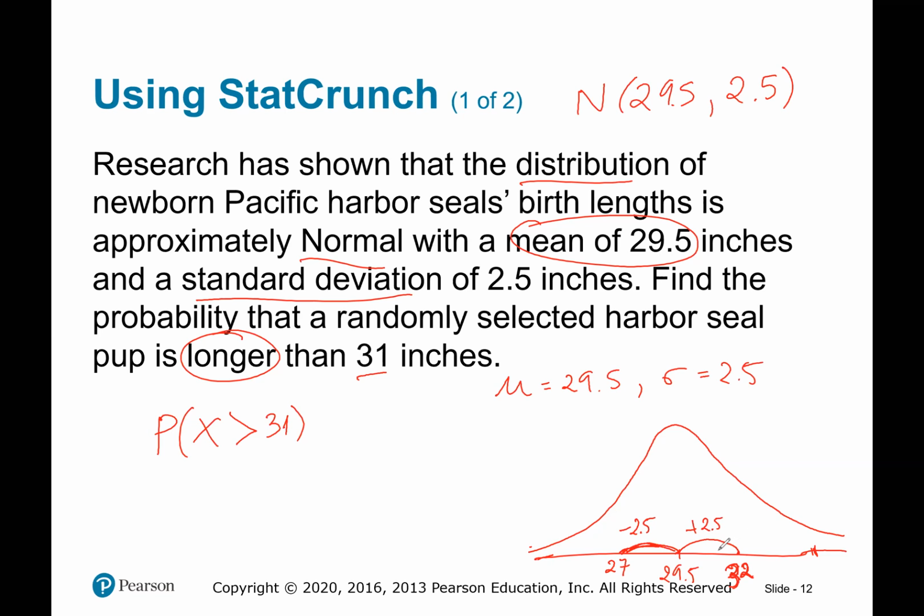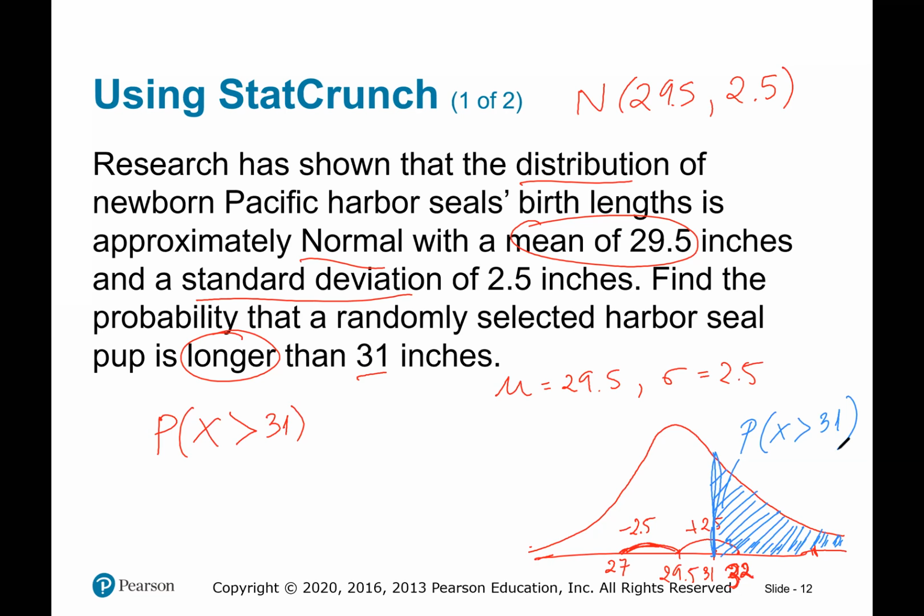So 31 should be around here. Okay, so if I sketch a line for 31 here, and I want longer than, that means the area on the right-hand side of 31 is going to be the probability that we are looking for.